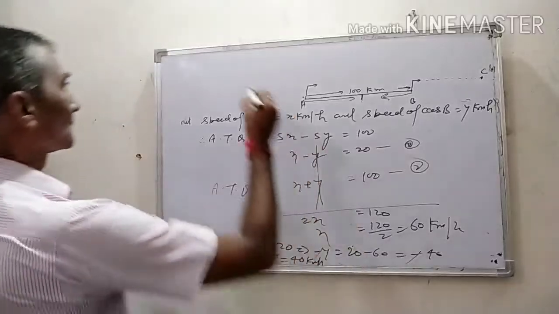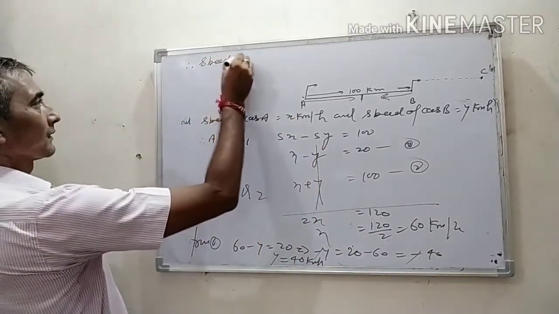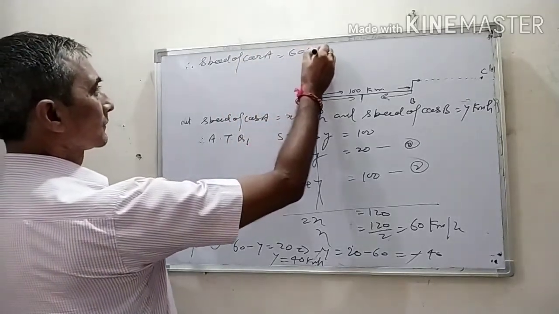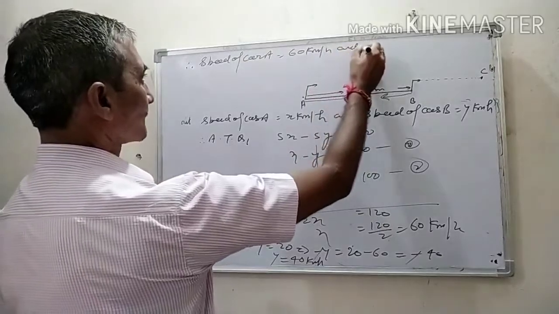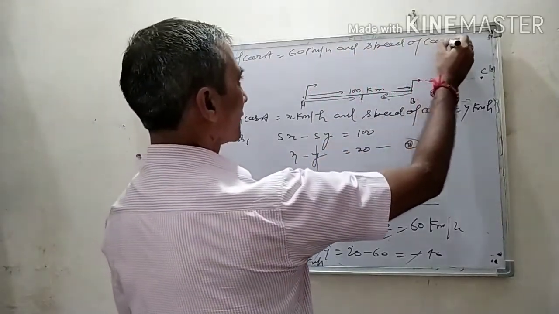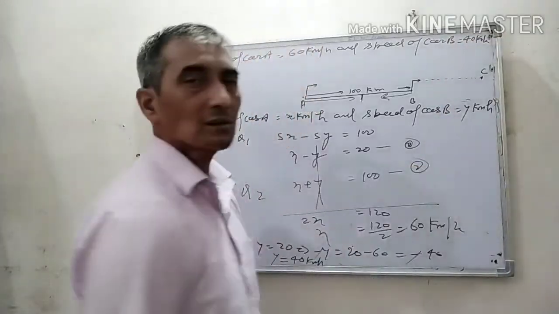Therefore, speed of car A equal to 60 km per hour and speed of car B equal to 40 km per hour. This is your result.